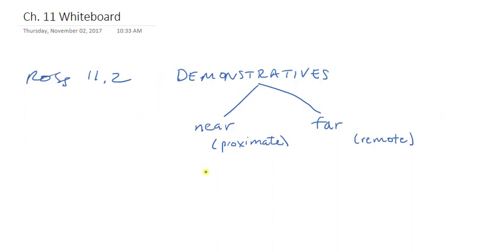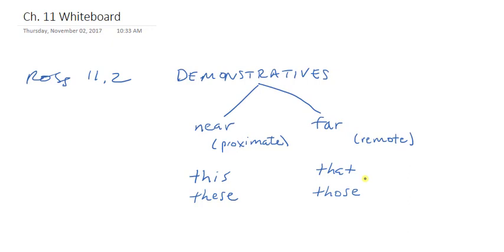What are our near demonstratives in English? "This," if it's singular, and "these," if it's plural. The far demonstratives in English are "that," if it's singular, and "those," if it's plural. All right? So, let's say I want to talk about a computer, and there's a computer right here in front of me, but also in the back of the class, John has a computer.